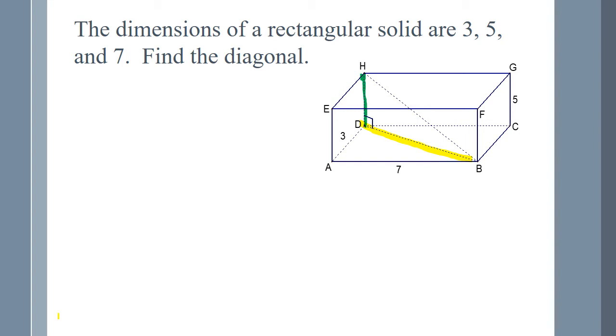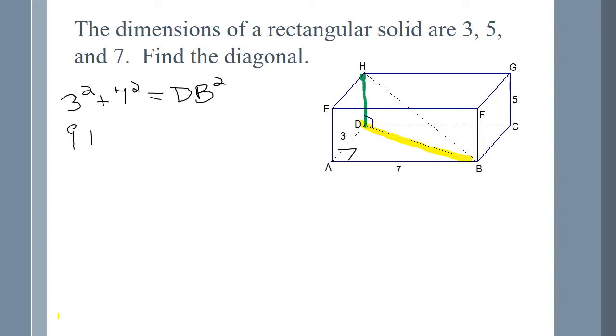First segment we're going to find is segment DB. This is a right angle here because it is rectangular. Therefore, DB is the hypotenuse. So we would have 3 squared plus 7 squared equals DB squared, right?